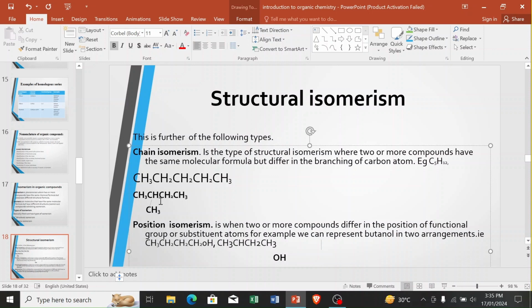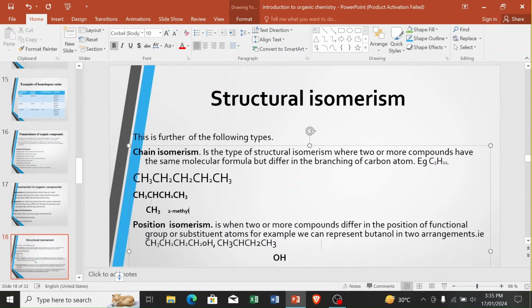So we put the position of the branch. The position of the branch is 2. The name of the branch is methyl, so 2-methyl. The name of the long chain: how many carbon atoms? 1, 2, 3, 4, so but for 4.